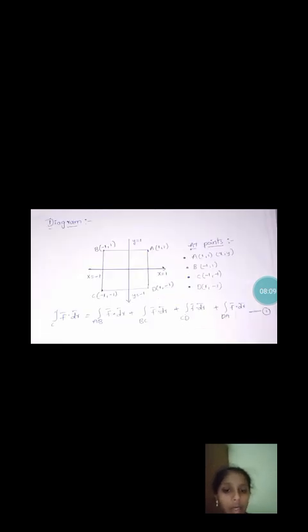And then from the given equation, we prove the solution. Along AB it is minus 2 by 3, along BC minus 8 by 3, along CD 2 by 3, along DA 8 by 3, and all are substituted in this equation.